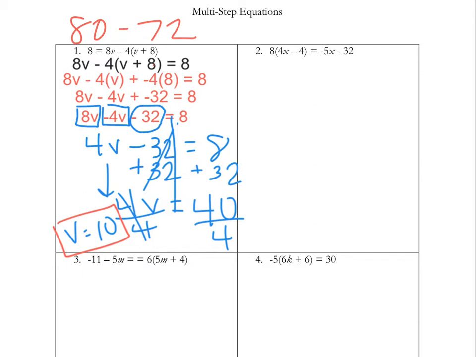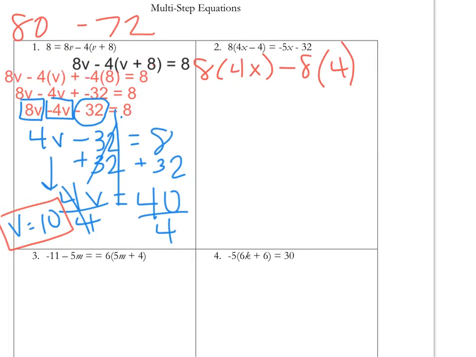Okay? So let's go look at number 2, and we're going to go ahead and distribute. So I need to do 8 times 4x, minus 8 times 4, all right?